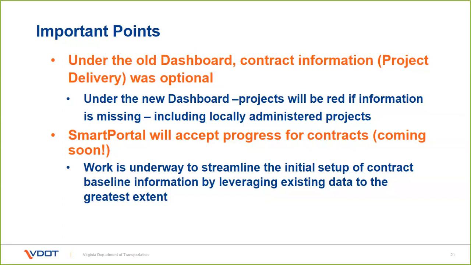Under our current dashboard, we had a method for getting contract information in. We've had lots of problems with access and passwords expiring, so that has been optional up to this point.